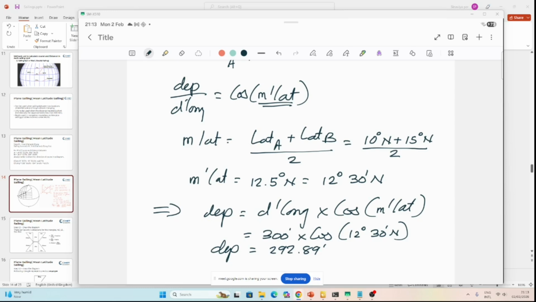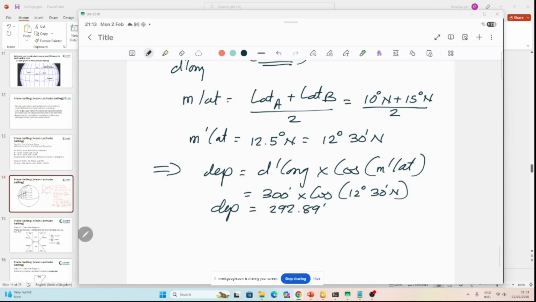Okay. So just remember, when you are writing your distance, in this case, I got it to 1 decimal place. It's prudent that you write this first and then you round it up to a full number, that is 293.